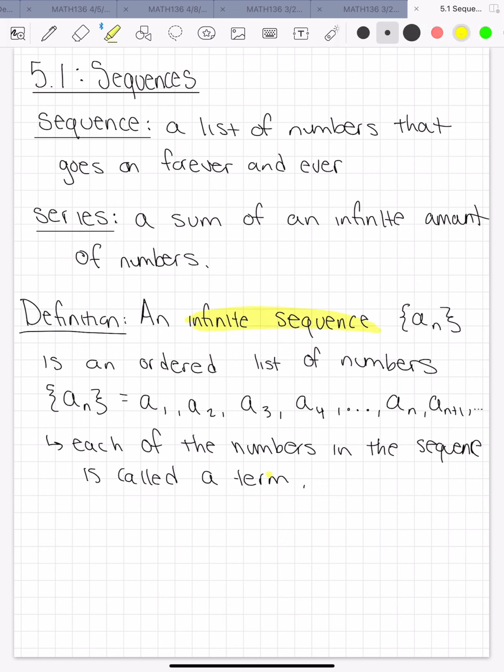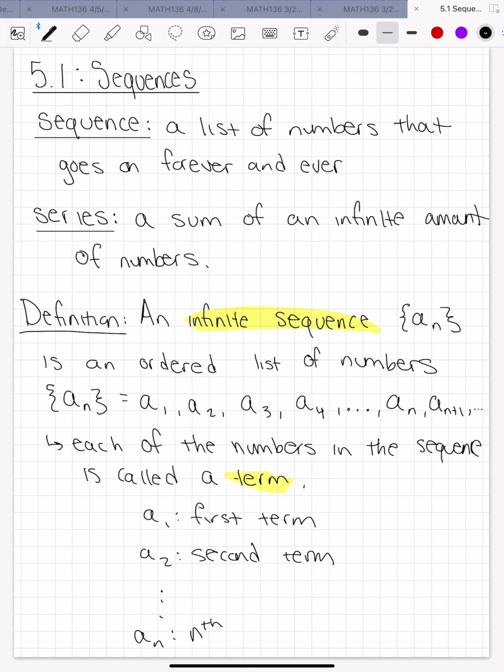A1 is what we call the first term, A2 is the second term, and a_n is what we call the nth term.